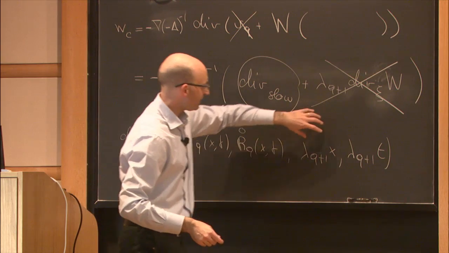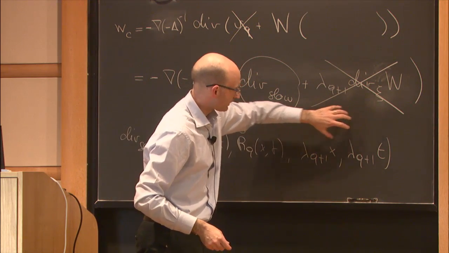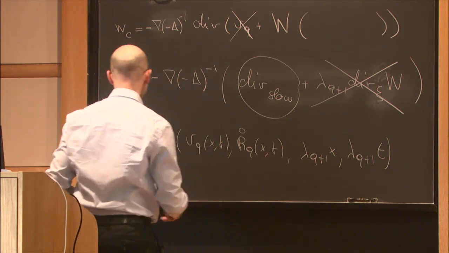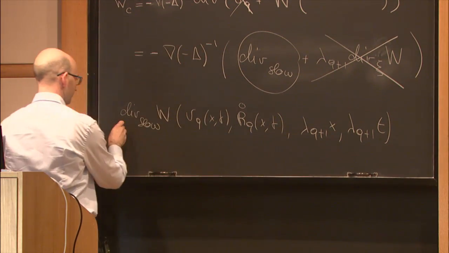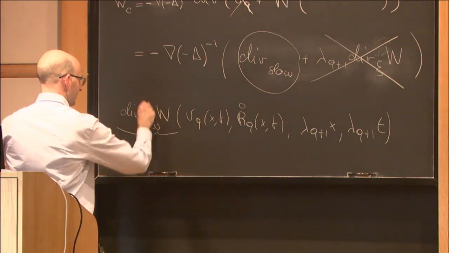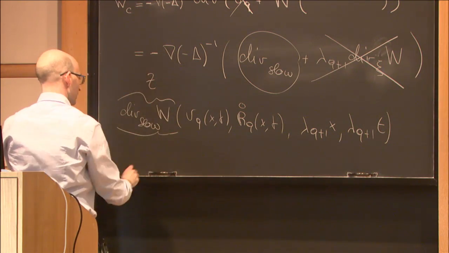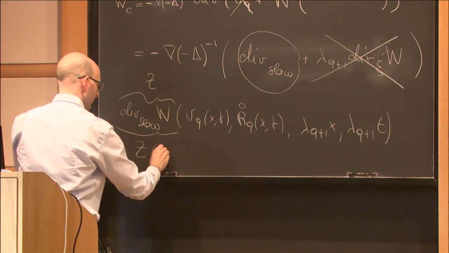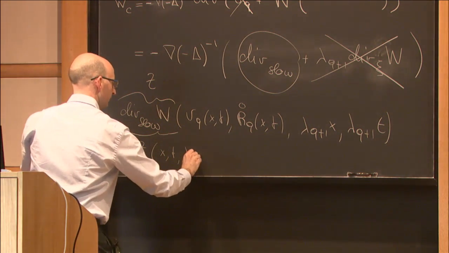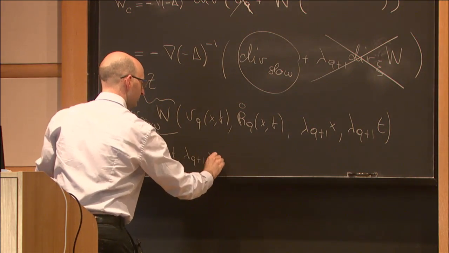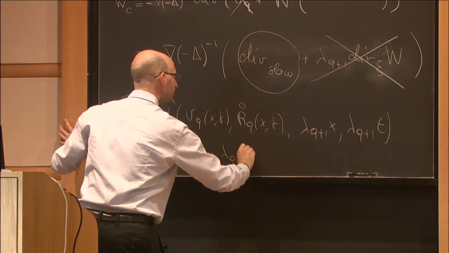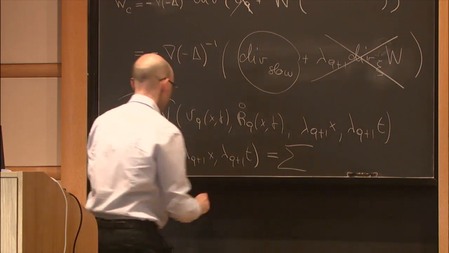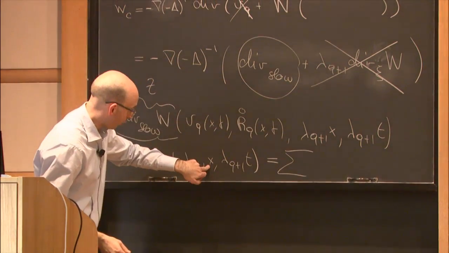In particular, if I fix psi and tau, what I can do is a Fourier expansion in psi of my function. If I do a Fourier expansion of this beast, let me call it z, I will get z of x, t, lambda q plus 1 x, lambda q plus 1 t. This is, in Fourier, some coefficients, and I'm expanding in Fourier only in this variable.